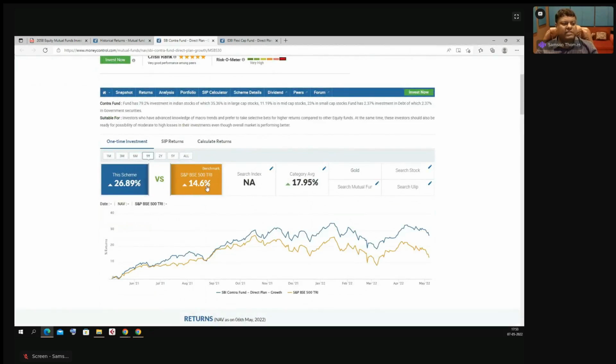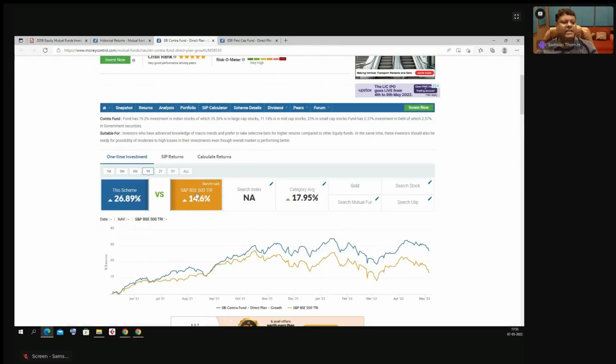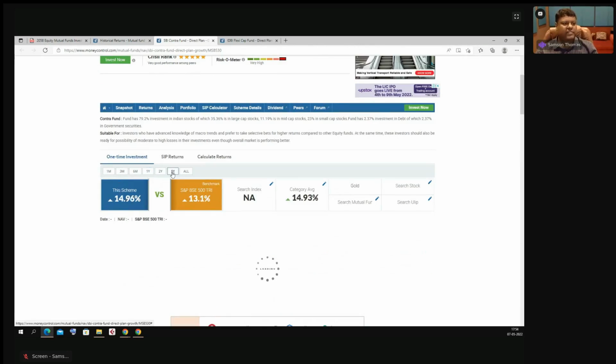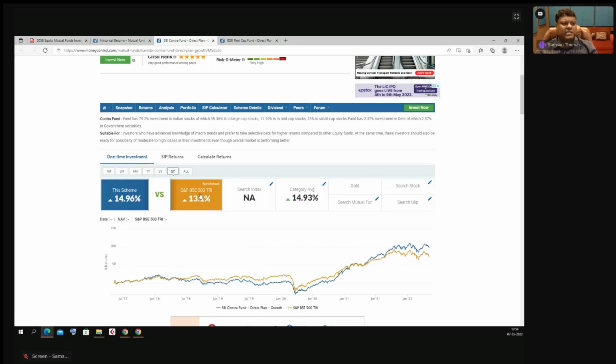What is the benchmark? The S&P BSE 500 is the benchmark, and the BSE 500 has given 14.6% over the last 1 year. Let's look at 5 years. The BSE 500 total return index is 13.1% over the last 5 years.